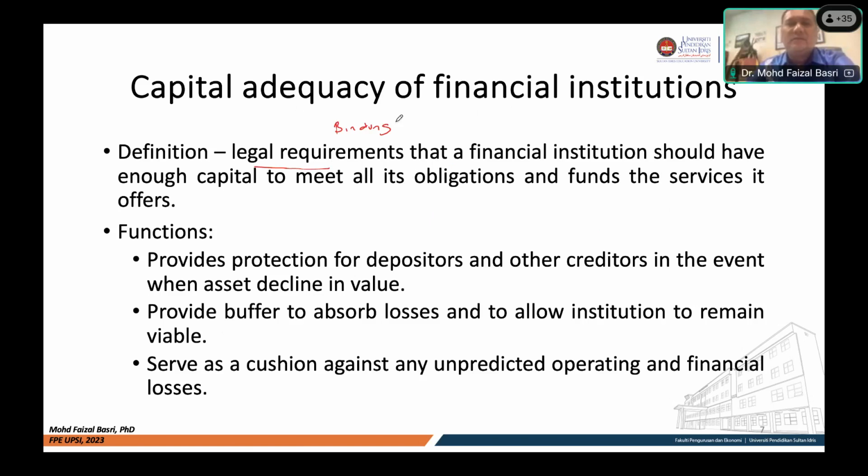Okay, so the reason why they have to control this capital adequacy is so that banks remain prudent in terms of their banking activities. They can't be too extreme in terms of lending out money as credit to the customers, for example. So there will be some balance between keeping the money and spending it by giving out loans to the customers.